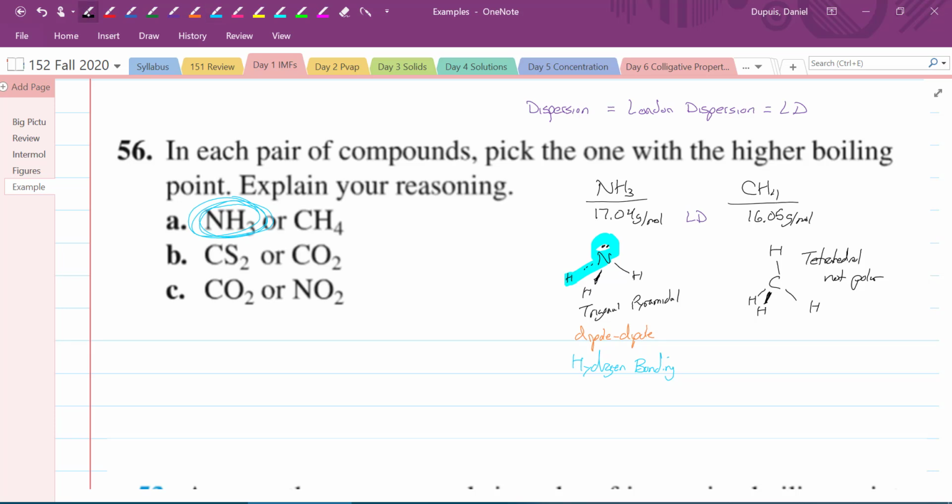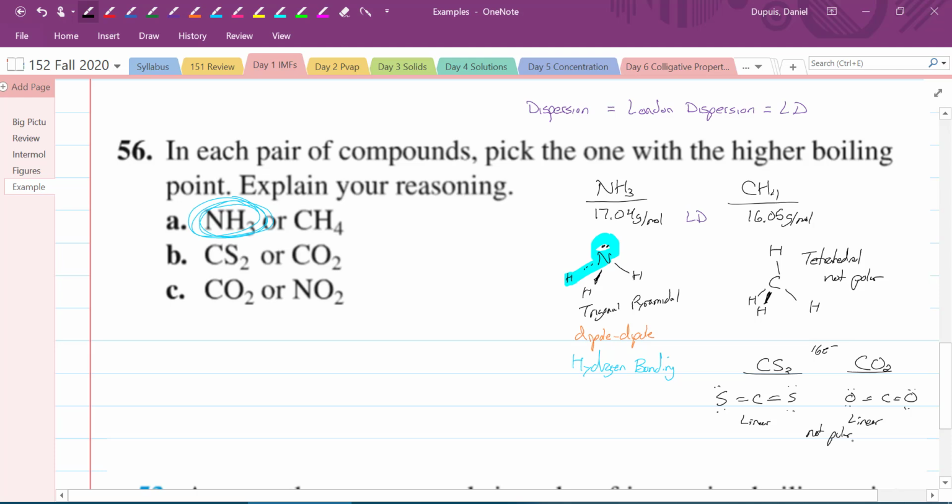CS2 and CO2. If we look at CS2 and CO2, it looks like S and O are in the same column. So SCS, OCO. We're going to have double bonds to both sides. They both have 16 electrons each, and they're both linear. They're both not polar.